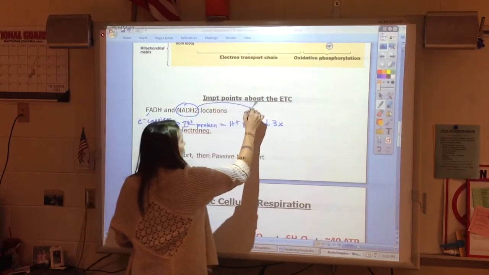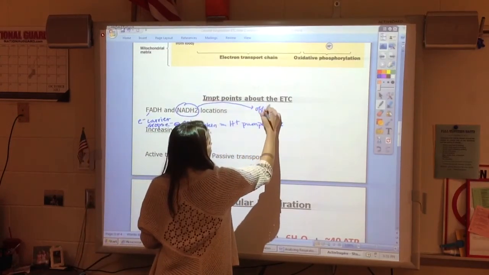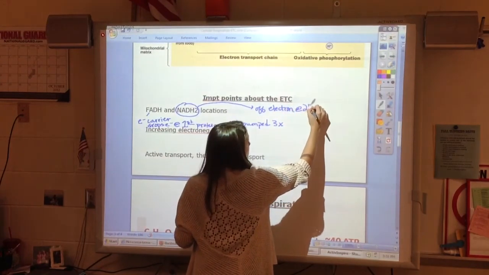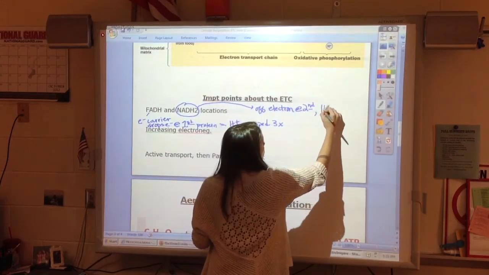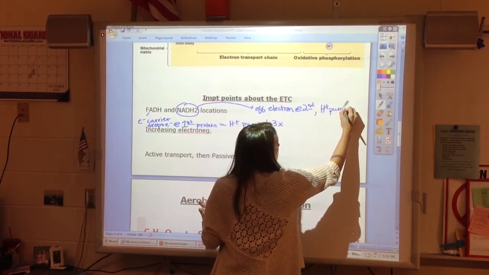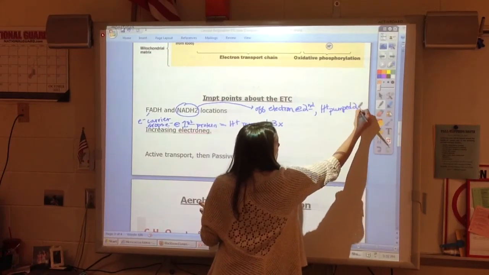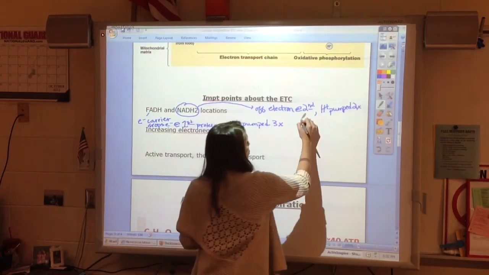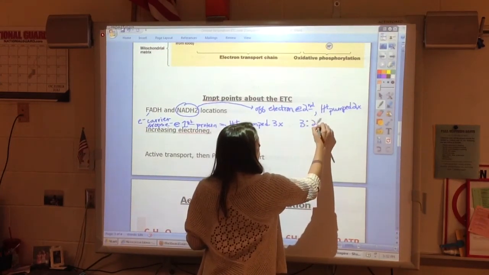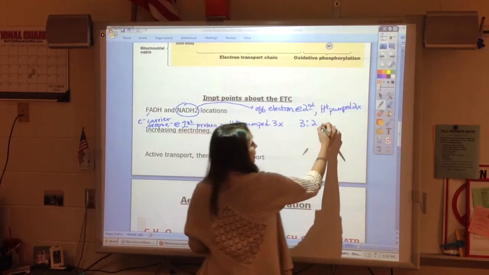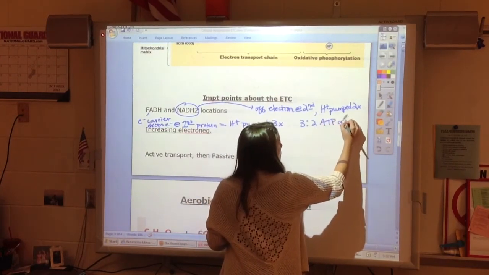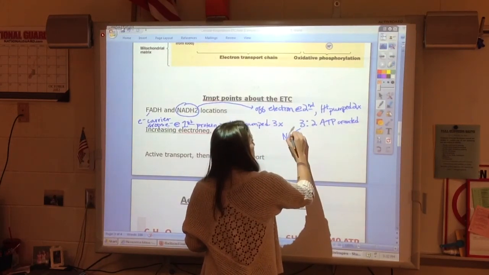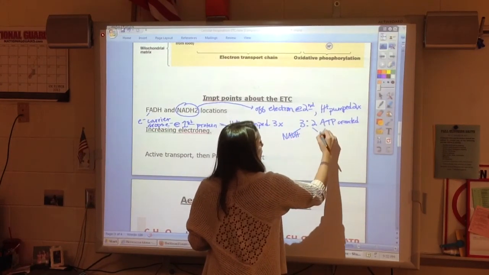NADH actually drops off the electron at the second, which means that hydrogen ions are only pumped twice. So if I look at how much ATP is created, there's actually a ratio of 3 to 2 ATP created for every NADH and FADH2.